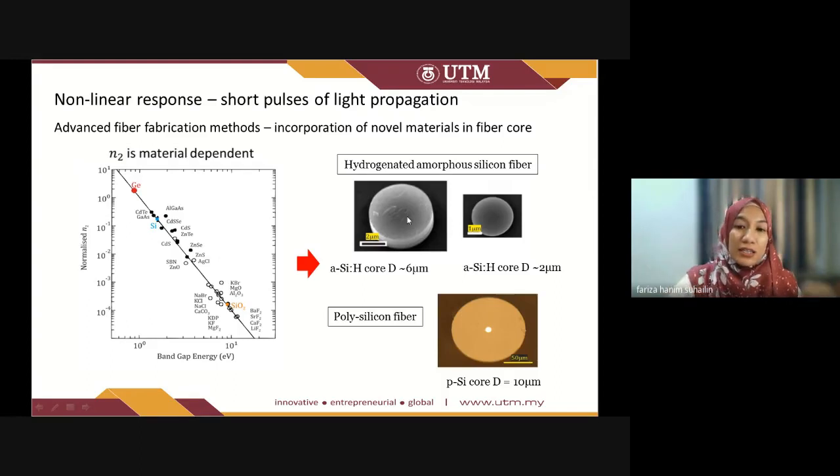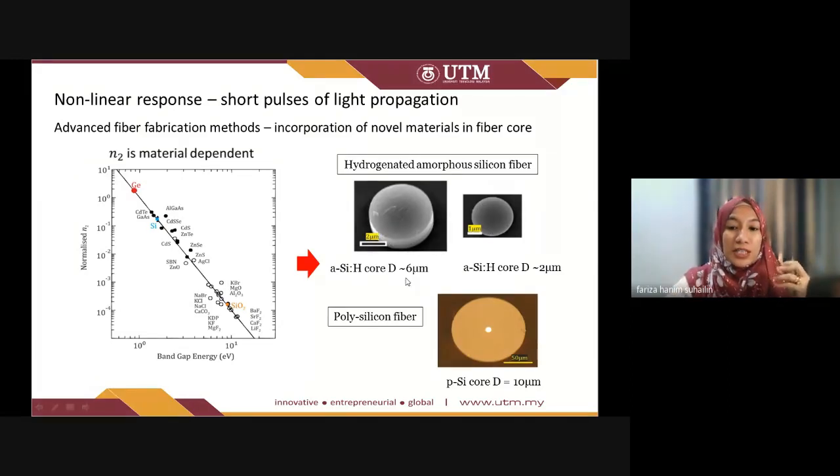And depending on the fabrication method that you use, whether you have high pressure chemical vapor deposition, or you use molten drawing techniques which work at different temperature regimes, you can have different phases of silicon crystallinity in your optical fibers.